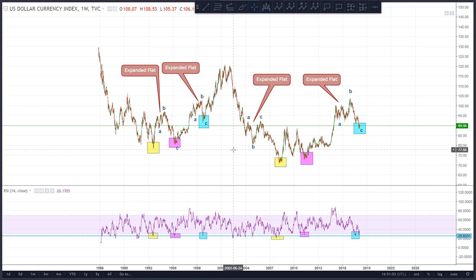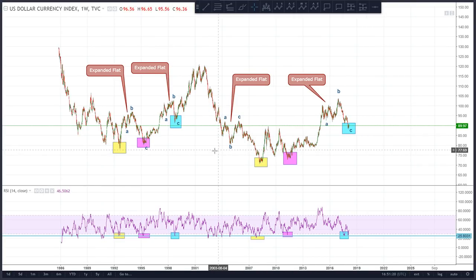It takes a while to really get to see them, and the only way you can really confirm an expanded flat is using Fibonacci. So not just Elliott wave, you've got to use Fibonacci to confirm it. I see a lot of trading analysis done on YouTube where people aren't always plotting the fibs, and the fibs are needed to just confirm those patterns.